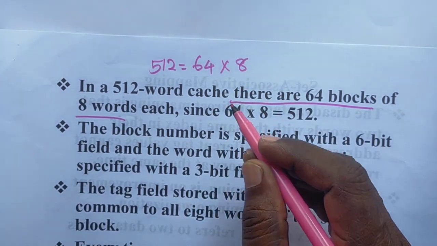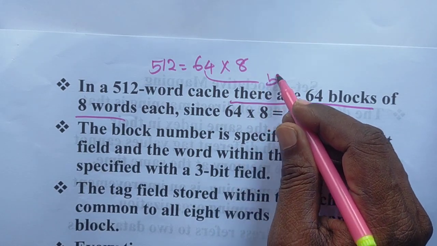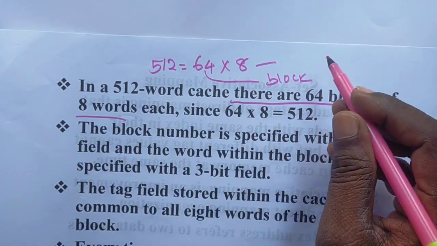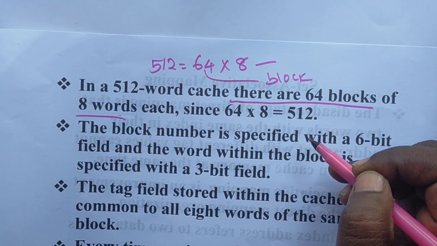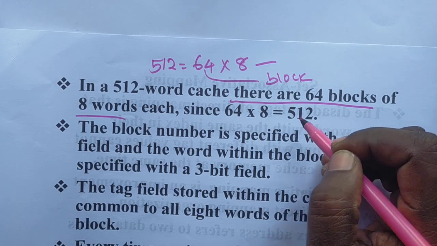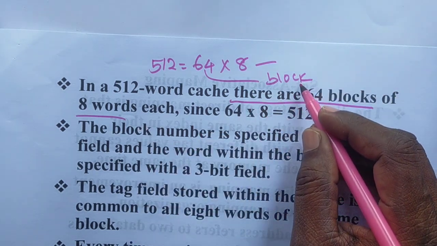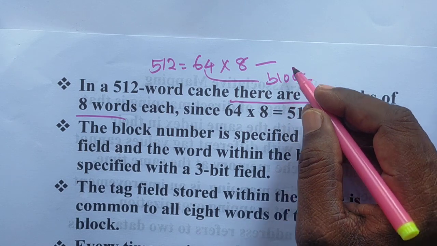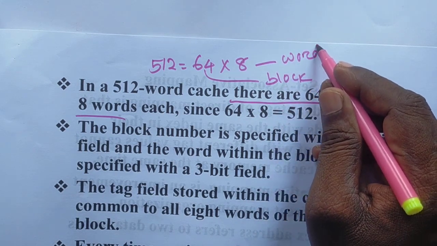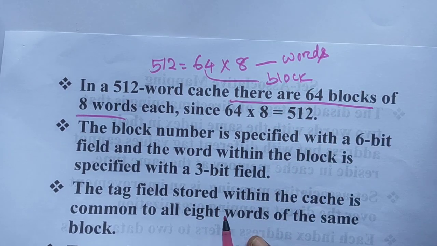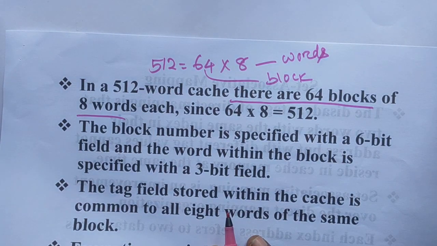That means 64 blocks, and each block has 8 words. So it contains like this. 64 into 8 gives the total words. Okay.